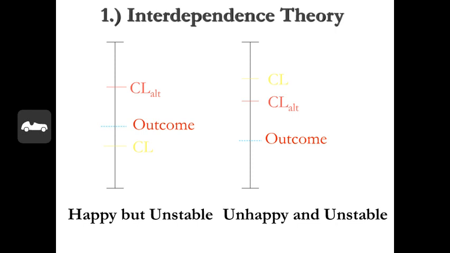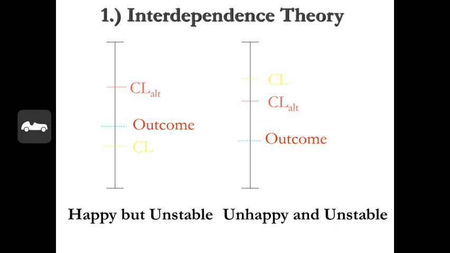So Thibault and Kelley would say that this person feels good about the current relationship. Their outcomes are good, but they believe they could do even better, so they're likely to break up with their partner.